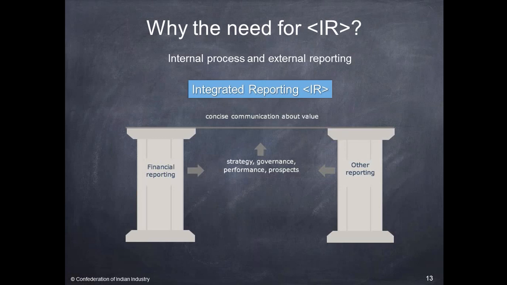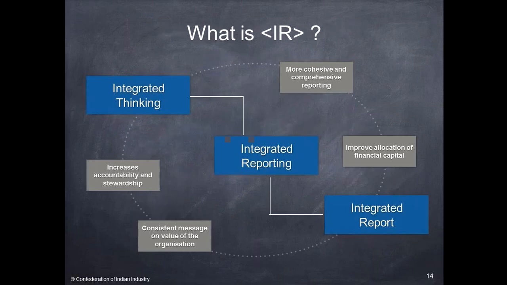So what integrated reporting does is provides you a methodology for complete, cohesive, holistic reporting across all the different factors that affect the business and the factors that are affected by the business. So a little bit of what exactly it is. There are three main elements of the integrated reporting process.